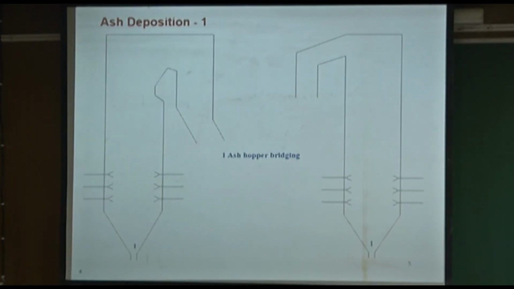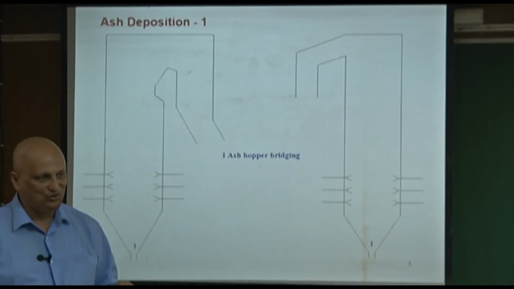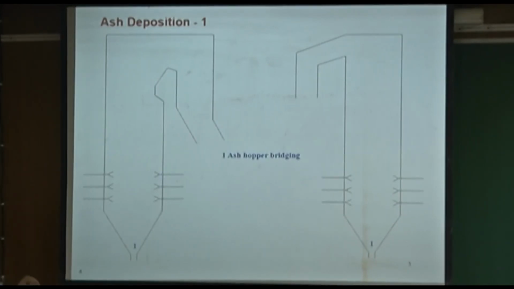So where ash problems do happen, let me go one step back. This is about coal utilization. Coal utilization cannot be efficient if the ash deposition problem is not understood or not managed. That's why we are discussing it. So it's not just a scientific curiosity.